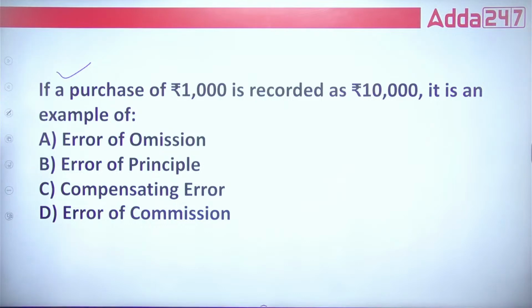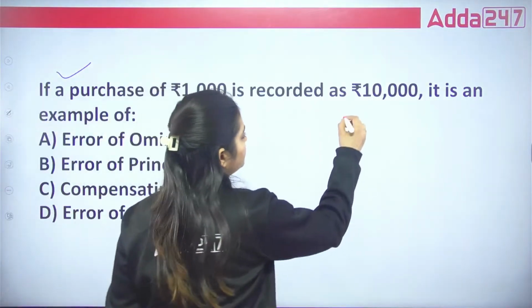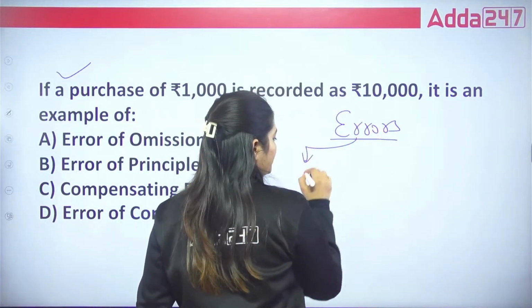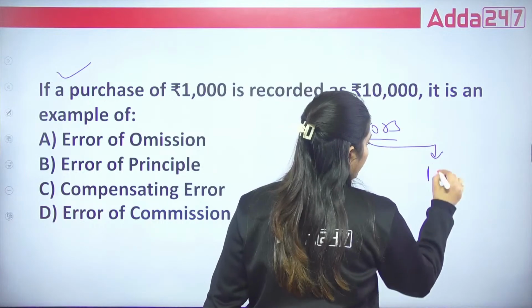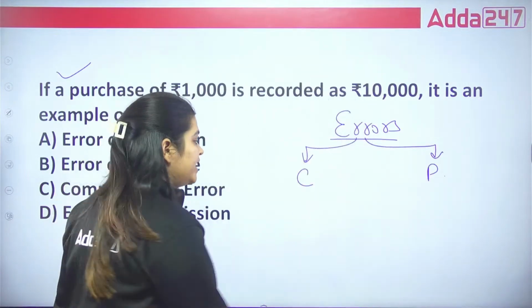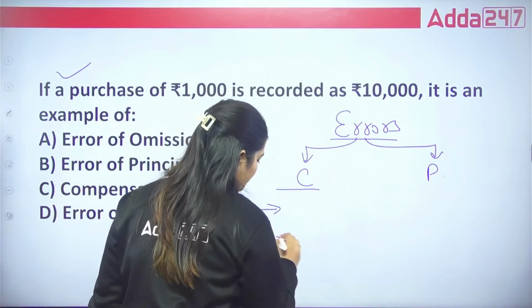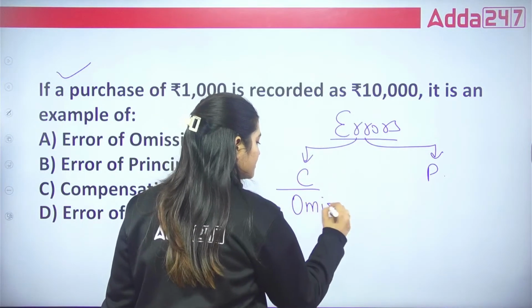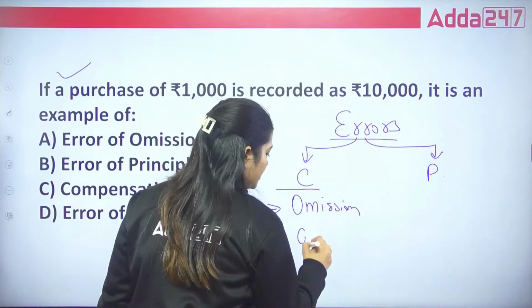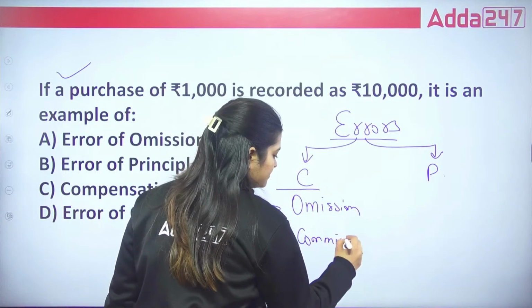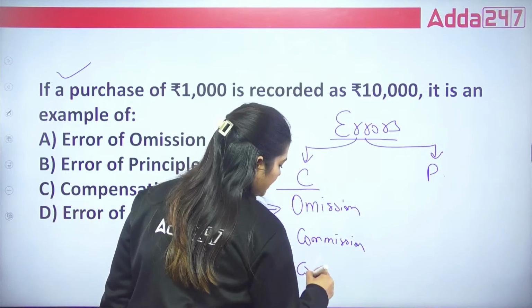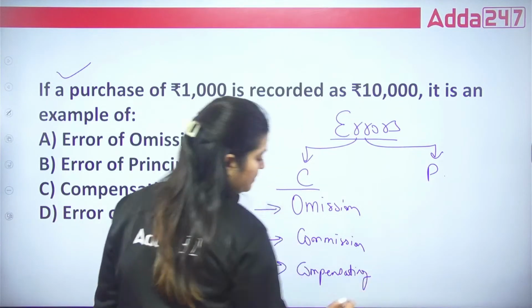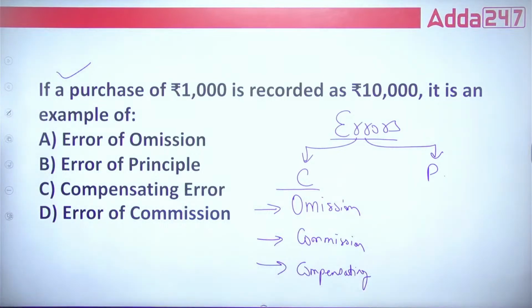So basically, we divide our errors into two sides. First is your clerical error, and on the other hand, you have principal error. And your clerical error is divided into three heads. Number one, you have omission. Then you have commission. And then you have compensating error.